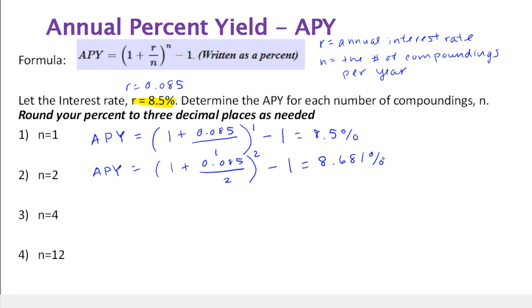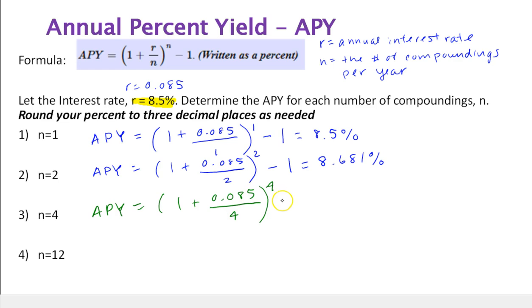Okay. So notice, just by compounding twice a year versus 1 time a year with the same interest rate, we went up by 1/10 and a little bit more of a percent per year. Let's do 4. And change colors so they don't smush together. So 1 plus 0.085, we're going to divide the interest rate over 4 compoundings, so 1/4 of this interest rate per compounding.